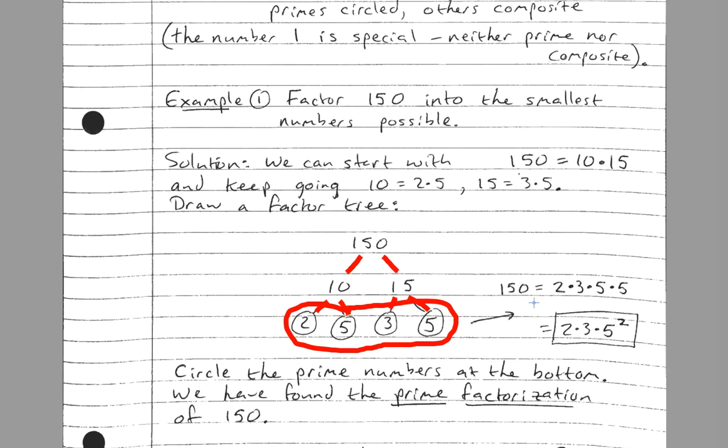So 150 is 2 times 5 times 3 times 5. We can change the order. So usually put the smallest numbers first. So 2 times 3 times 5 times 5.